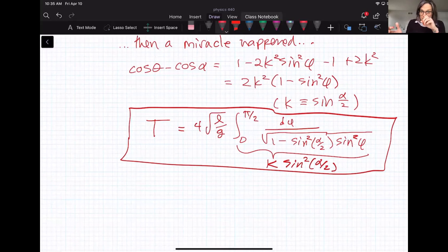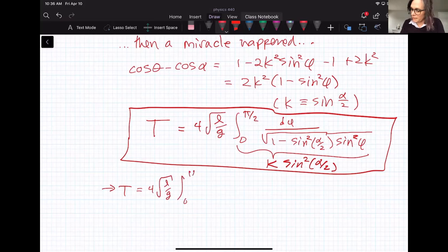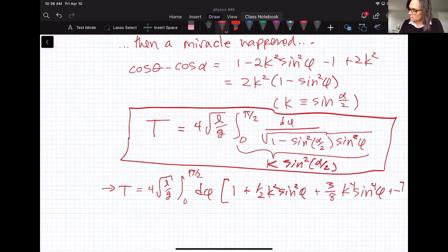So the main lesson here that I want you to take from this is that you could take this complicated expression for something that's swinging on an ellipse, and because we know how to expand a series on the appropriate interval, we can write that T is equal to 4 times the square root of L over G, the integral from 0 to pi halves of d phi, times 1 plus 1/2 k squared sine squared phi plus 3/8 k to the 4th sine to the 4th phi, and so on.